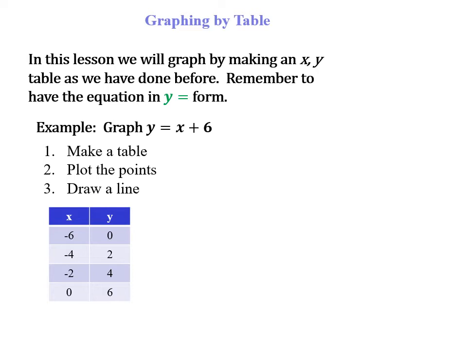Now let's look at our first example. We want to graph y equals x plus 6. Let's make a table and then plot the points. For this table, I have selected values of -6, -4, -2, and 0 for the values of x.